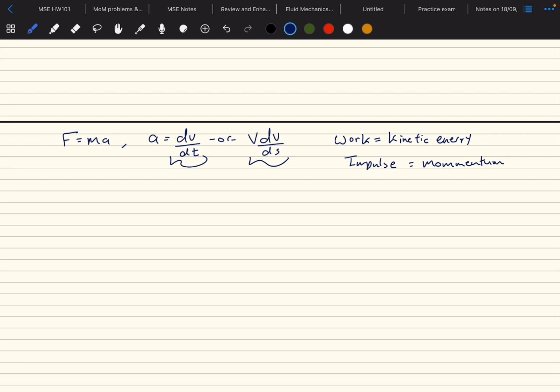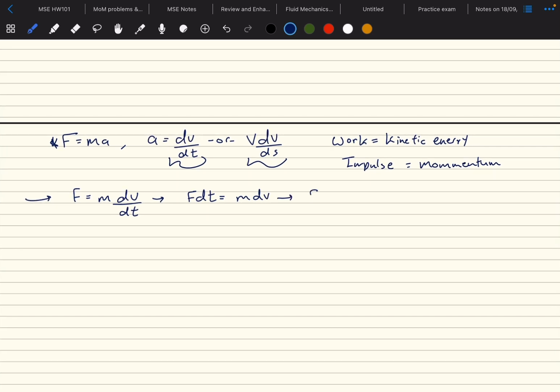So let's start. F is equal to m dv/dt, which then is F dt equals m dv, which would equal F delta t equals m delta v.